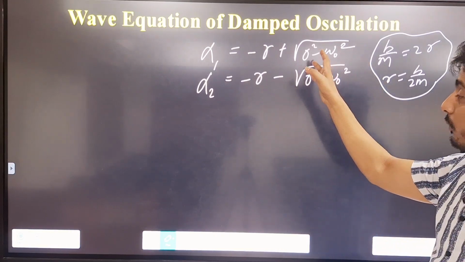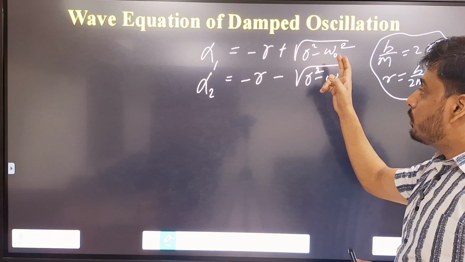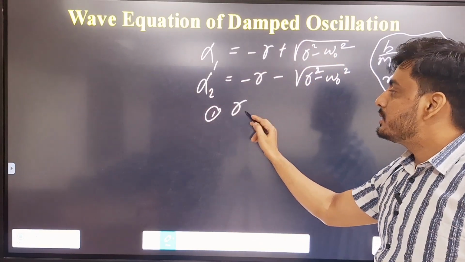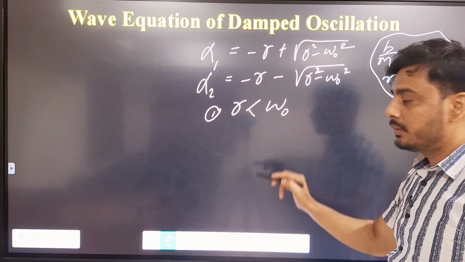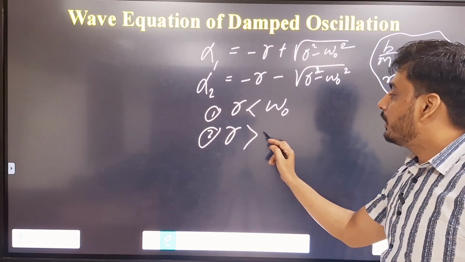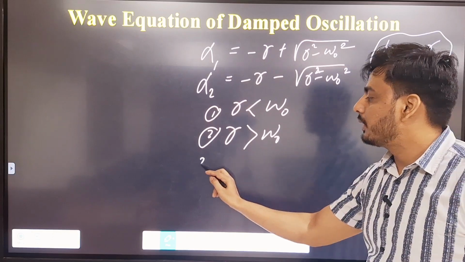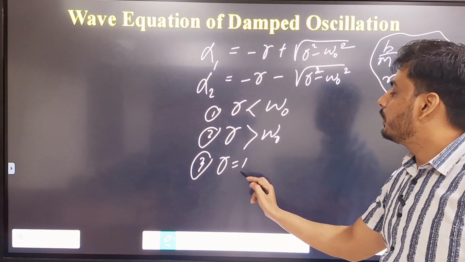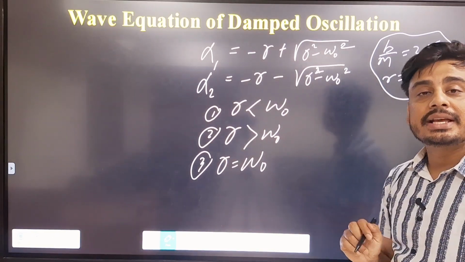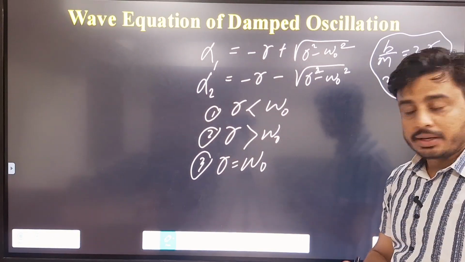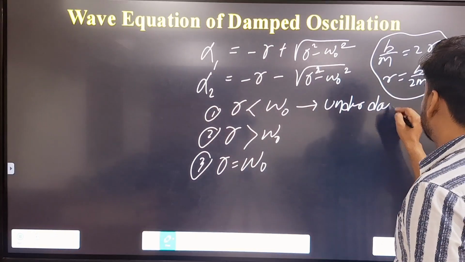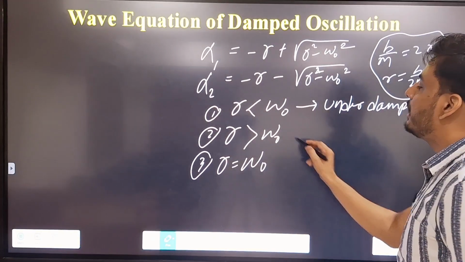So accordingly, depending upon the relation between r and omega naught, it is of 3 different types. One is when r is less than omega naught. Second condition, r greater than omega naught. Third condition, when r equal to omega naught. When the damping constant is less than the natural frequency of the body, this is said to be the underdamped condition.